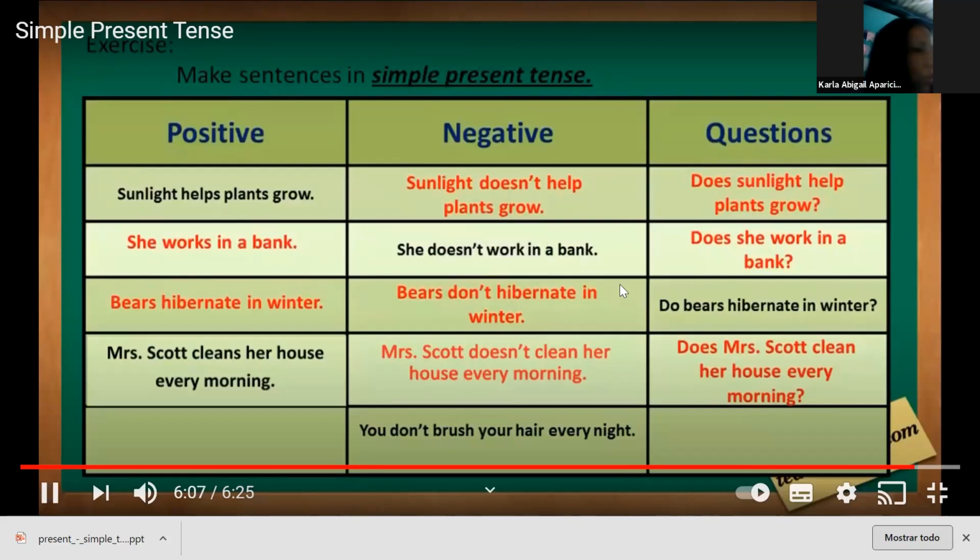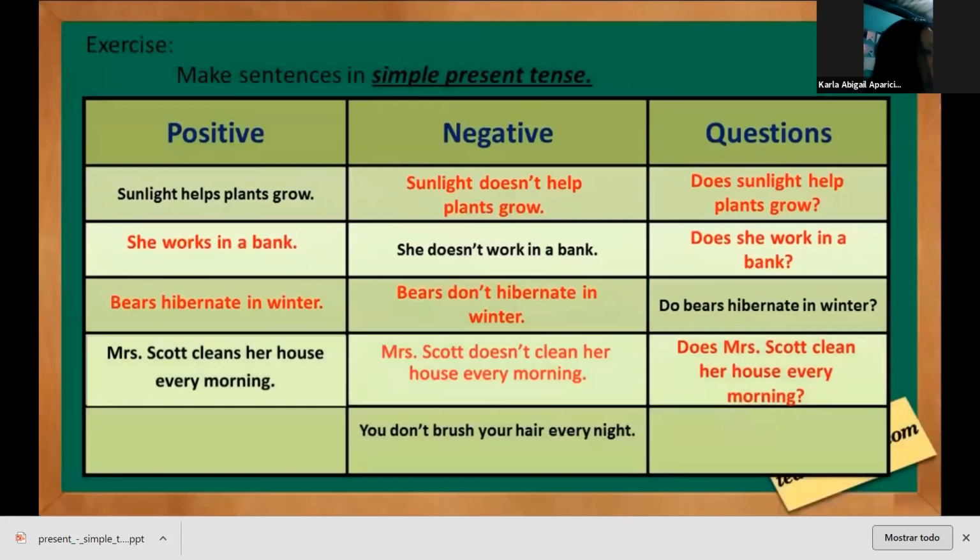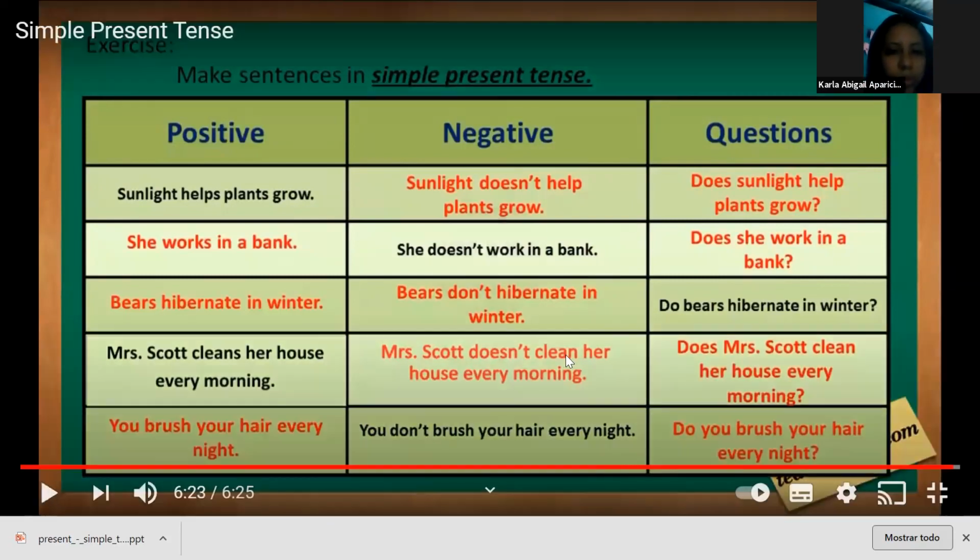And the last one, you don't brush your hair every night. The positive statement should be, you brush your hair every night. And the question should be, do you brush your hair every night? Yes, correct. Okay, all right.